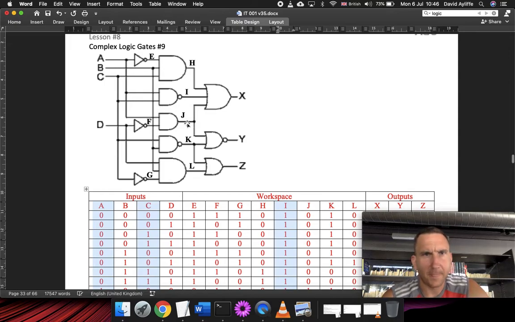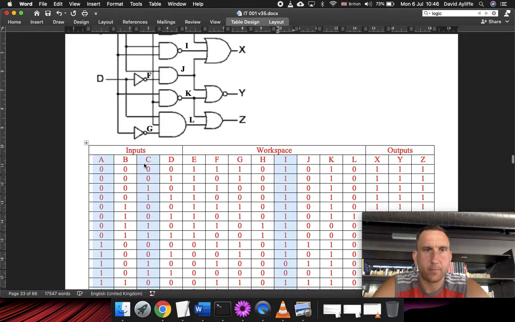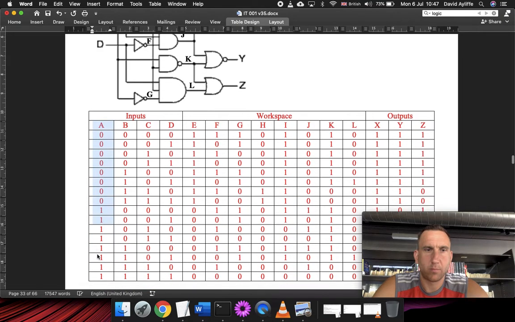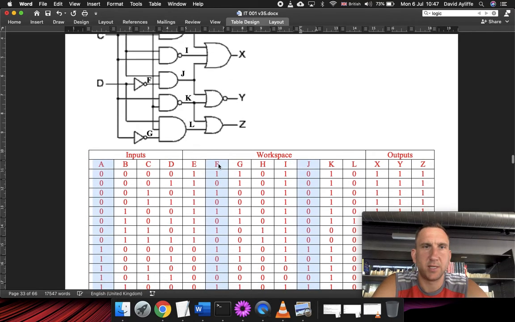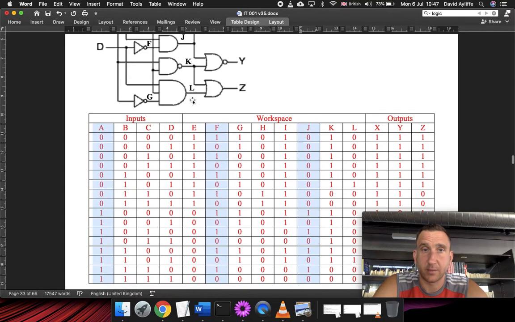J is, what is that? That is A and F. Okay, and this is a simple AND gate.